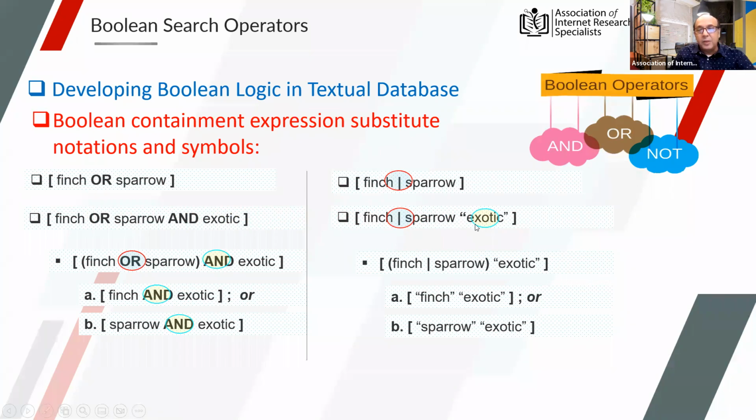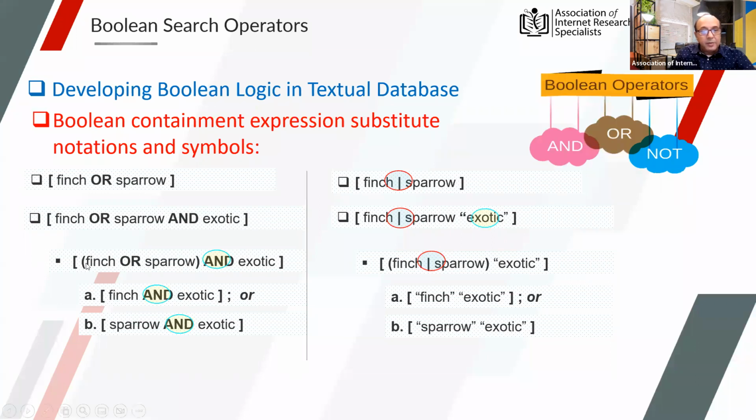I'm just giving you a tip here, not a rule, but as far as the quotation mark enclosure is concerned, this is the best way. You should avoid using AND to prevent terms from attaching to whatever is on one side and the other. That's why I've put exotic within quotes, literally translating what is on the left with the wording of Boolean versus the notations and symbols we've used.